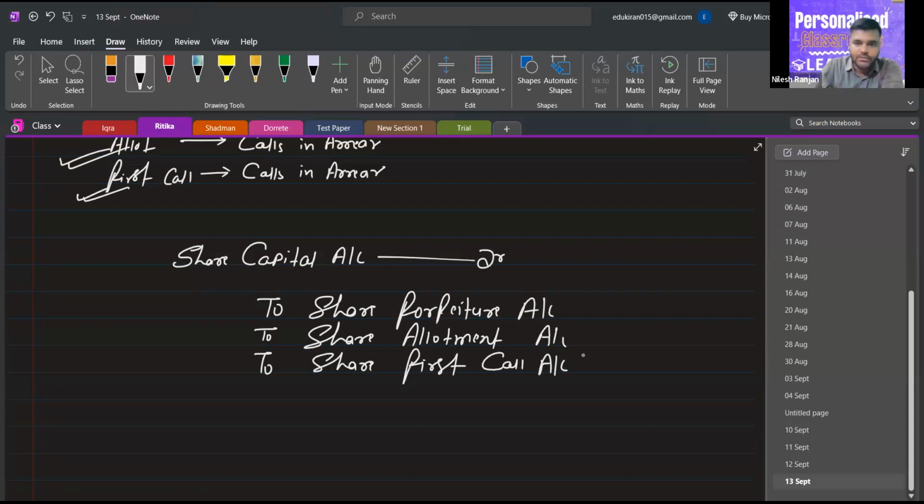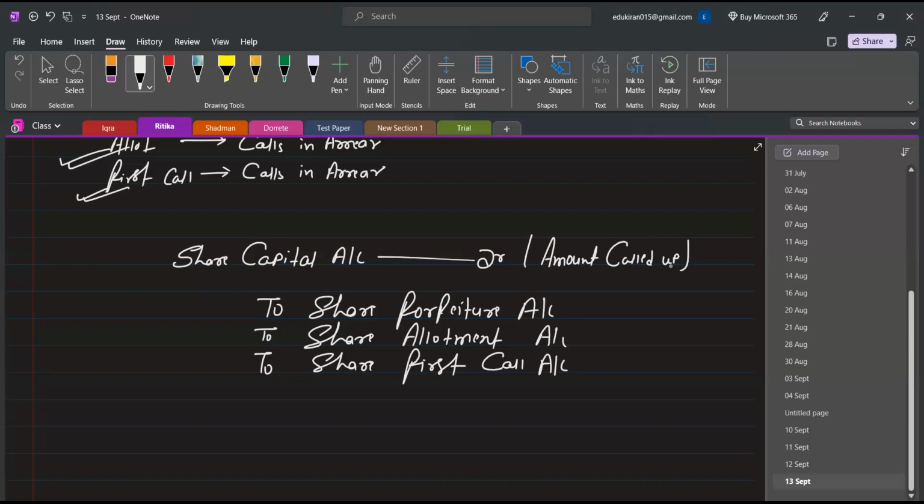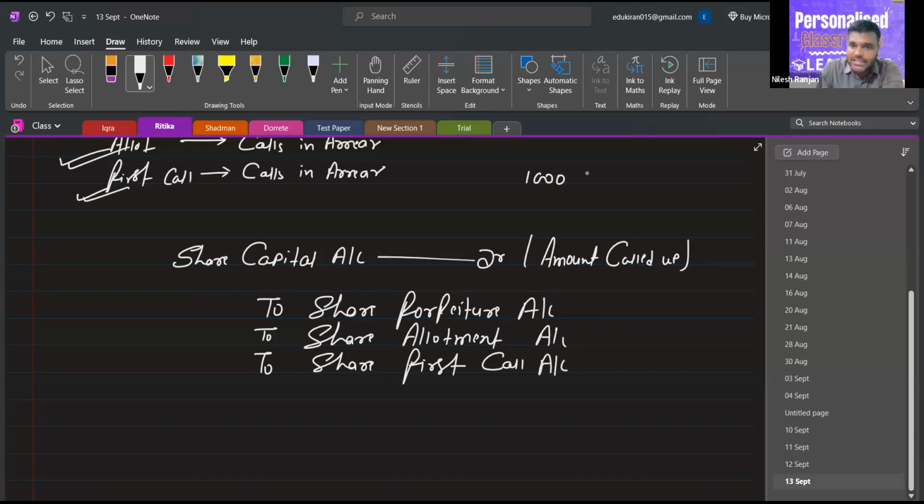Okay. In front of share capital, you have to write the amount called up. If we have not asked for the full money, then we will not write the full share capital here. Let's say on 1,000 shares the price is ₹10 each, and we have asked only ₹8.